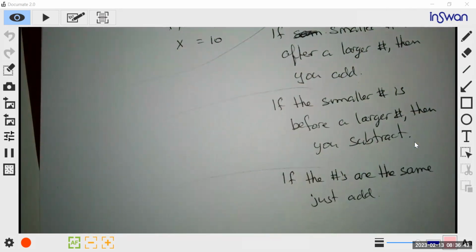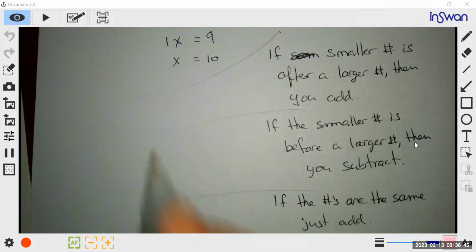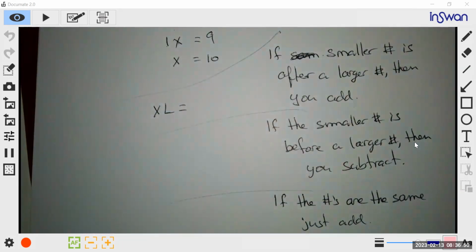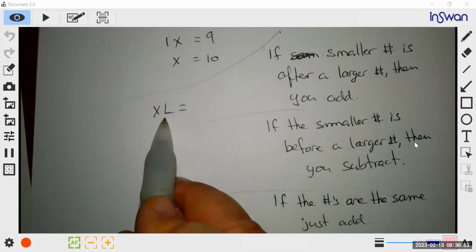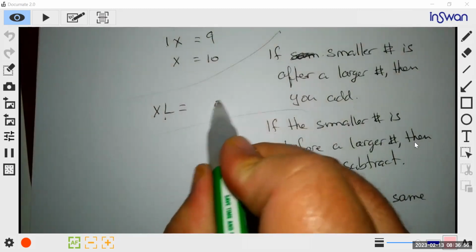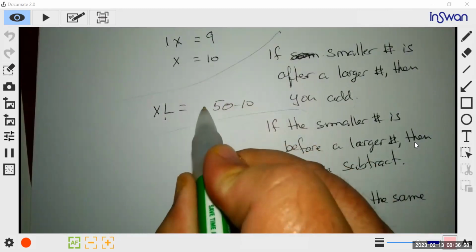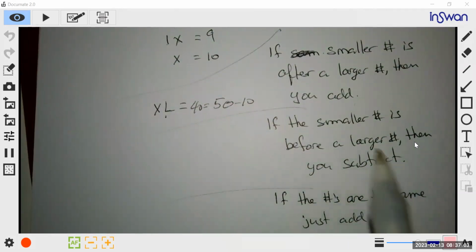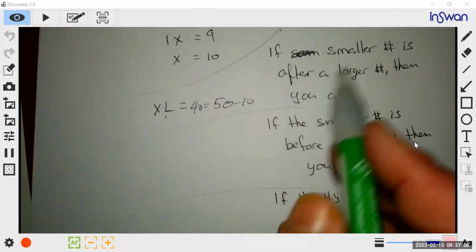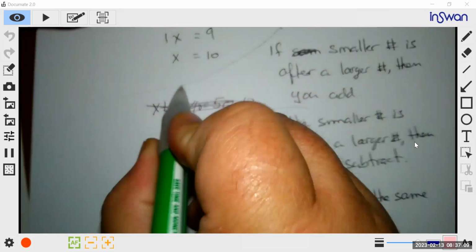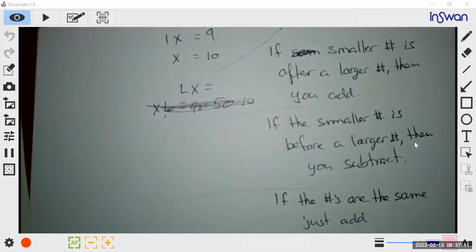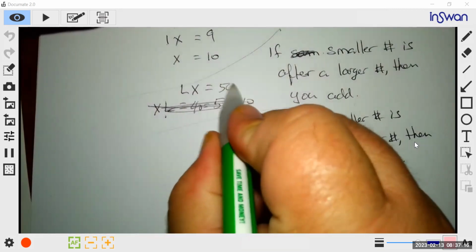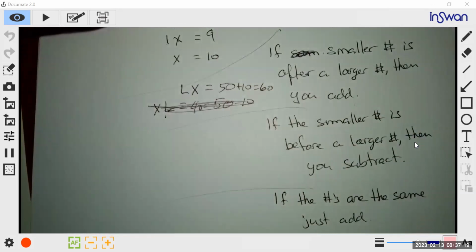So here's what those mean. If the smaller is before a larger, so I have something like this, it's 10 before 50. So it's 50 minus 10 equals 40. If it's after, so if it was LX, that would mean what? 50 plus 10 is 60.